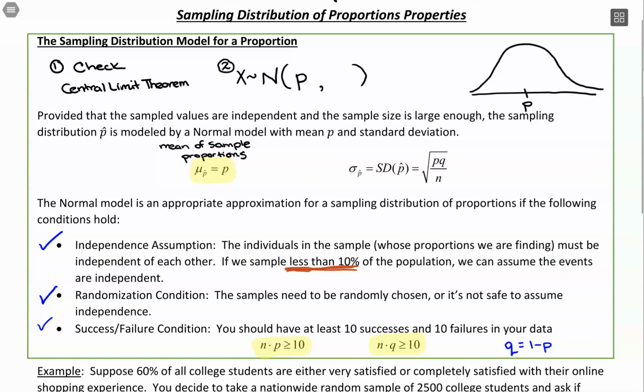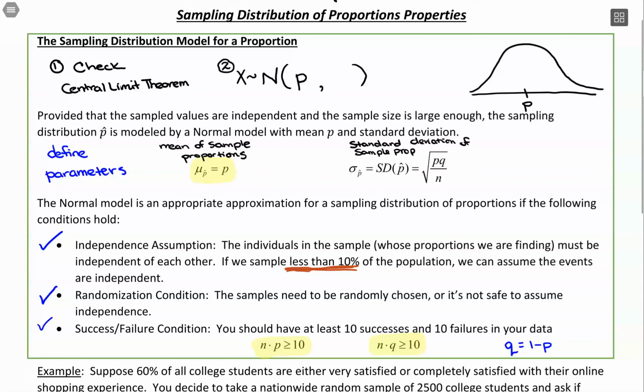These pieces here, defining the mean and defining the standard deviation, you might see terminology that says define the parameters, and that's what we're doing here. The parameters are the population mean and population standard deviation. So to define the mean, you would just write in the population proportion. And for standard deviation, I said there would be a formula for it, and it is right here. The standard deviation of sample proportions.